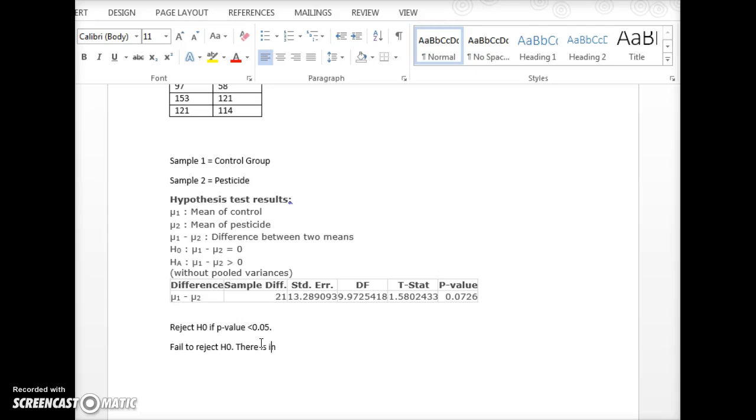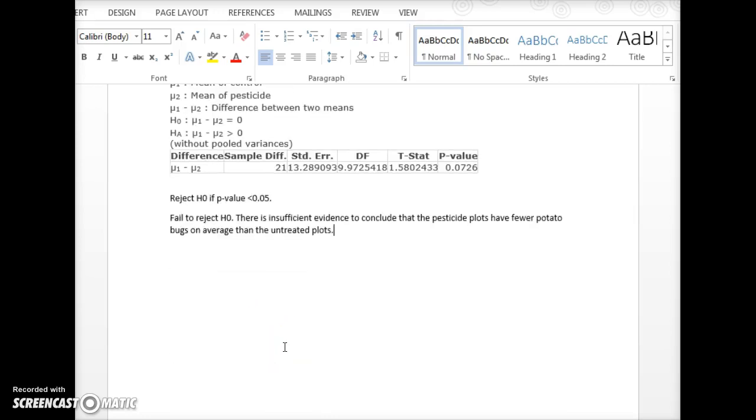There is insufficient evidence to conclude that the pesticide plots have fewer potato bugs on average than the untreated plots. And that's it for the second problem.